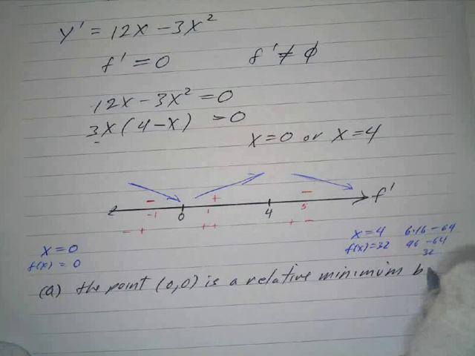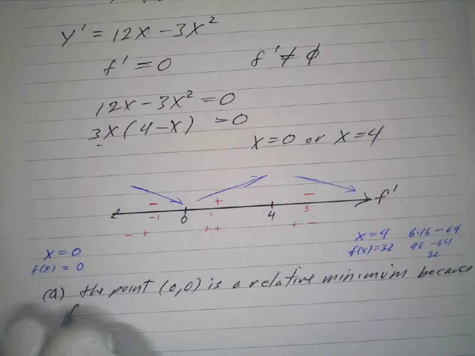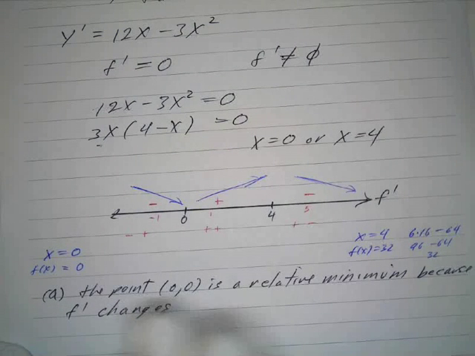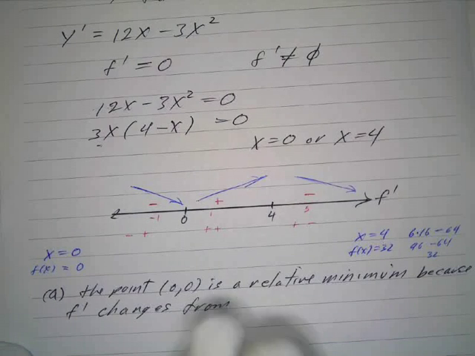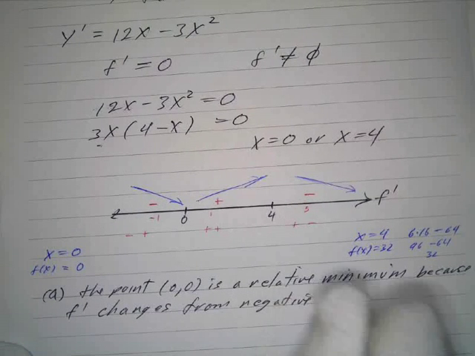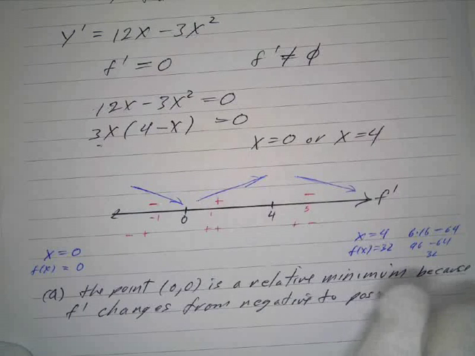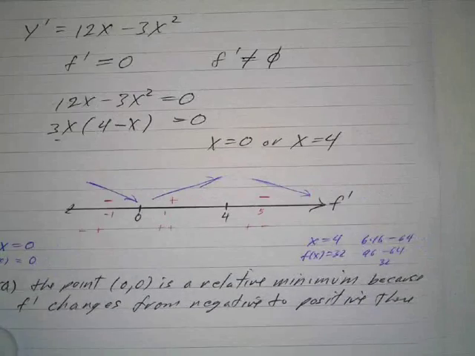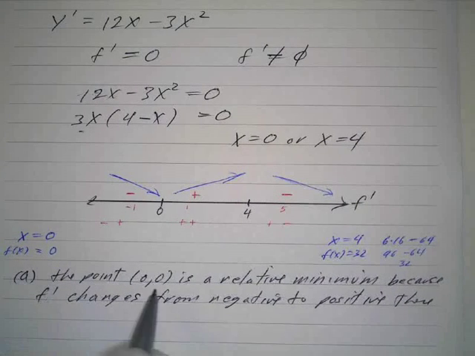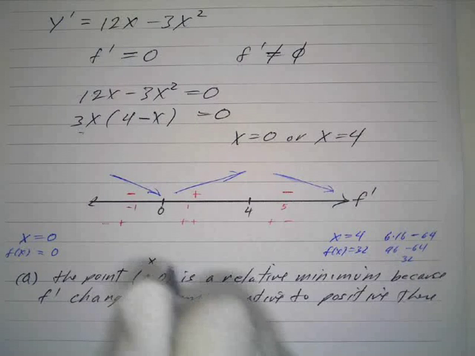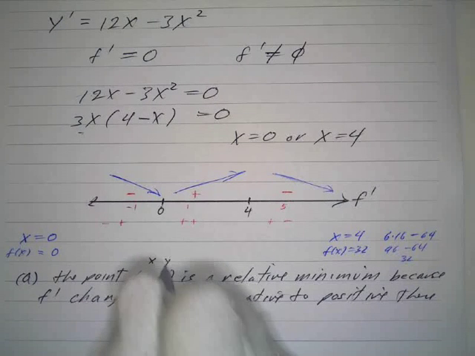And we're going to say because the derivative f prime changes from negative to positive there. Right there, at that point, 0, 0. So this is the critical number. Sometimes they want just the x, and then sometimes they want the value. This is the critical value y.